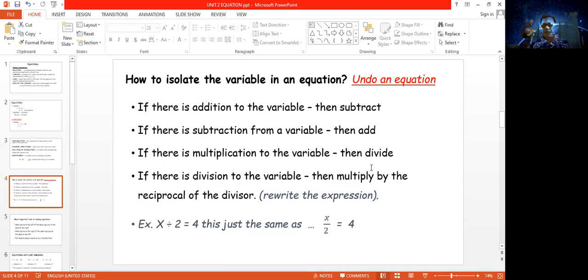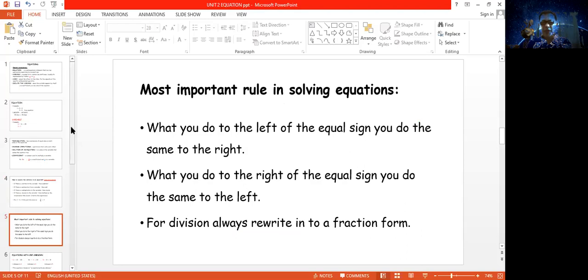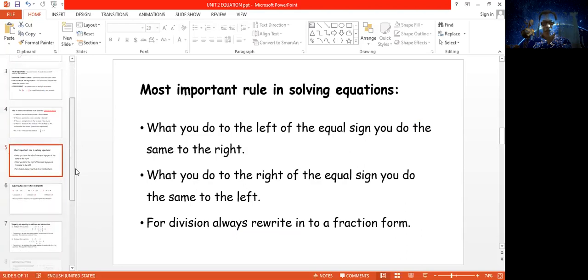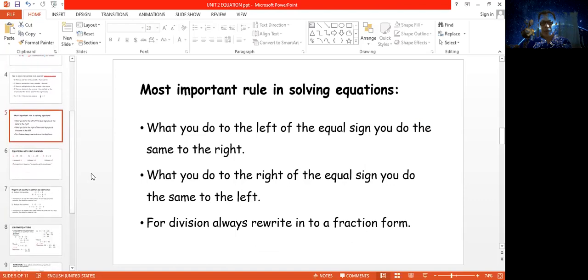So that you will understand better, I'll give you an explanation with the real problem. Before that, there are things you need to remember. The most important rule in solving equations is this: what you do to the left of the equal sign, you do the same to the right.